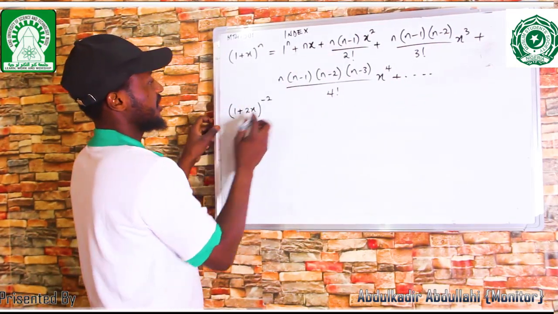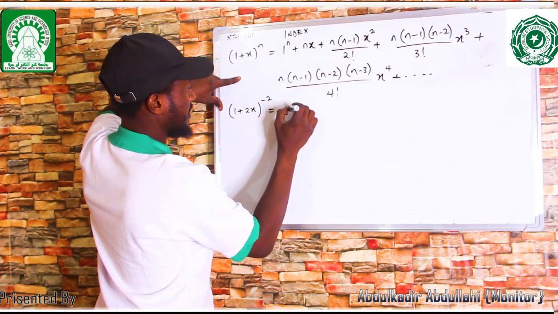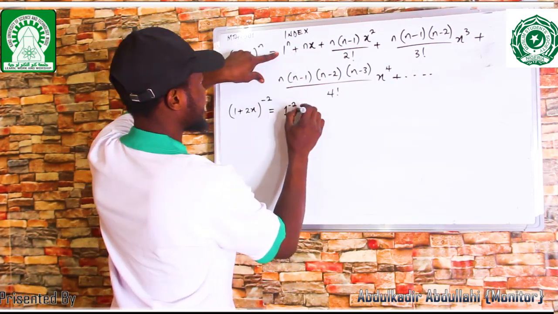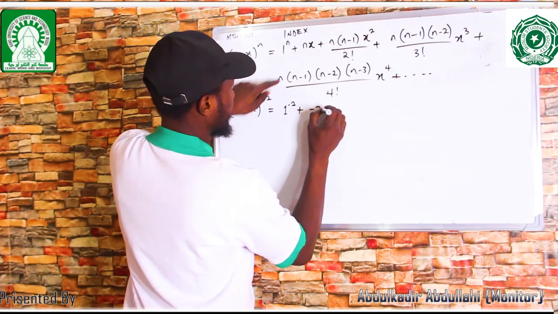Checking this up. This is equal to 1 power minus 2 plus n. Our n is minus 2.